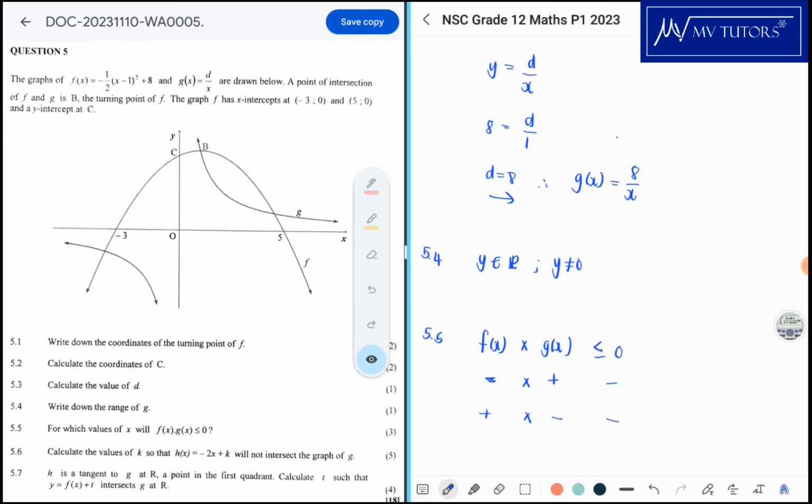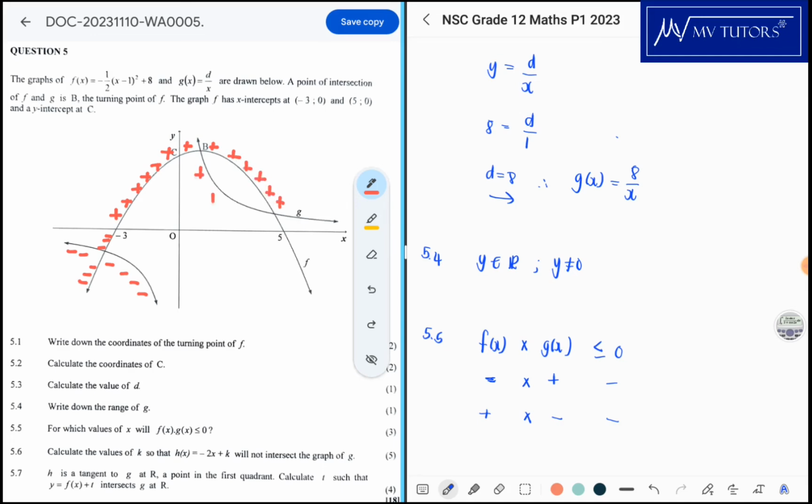Okay, so let us go and see then. All right, so in this case, we have g as negative, and we also have f as negative until it gets above. Okay, the y values now become positive. Above the x-axis, the y values are positive.